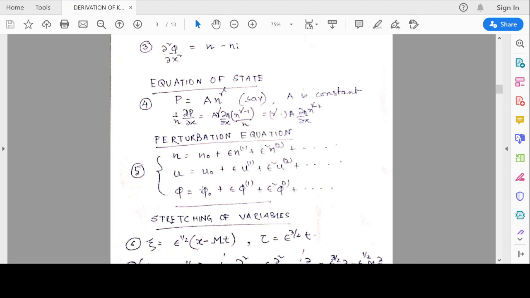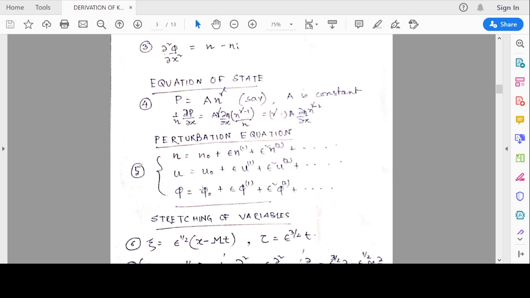Now what happens in a wave which undergoes nonlinear interaction and the waveform changes, then we have to transform our coordinates x and t, the space and the time coordinates, with that of the wave. Suppose a wave is propagating with the velocity m.